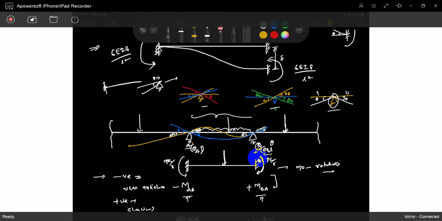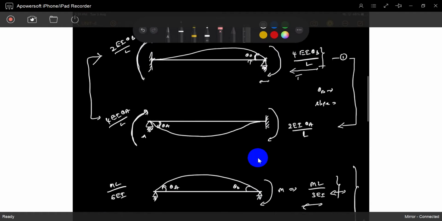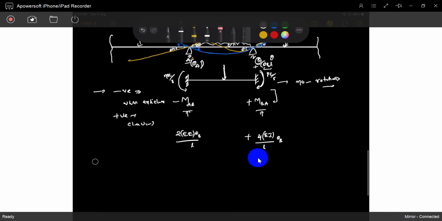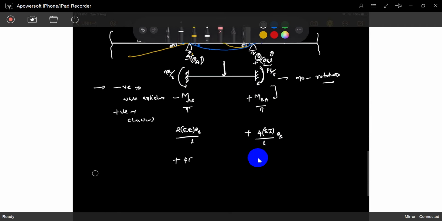That means the support at A experiences this much moment, and due to this slope joint B also experiences this much moment. Which direction? Clockwise direction. So I will write it down. This is 4EI theta A by L, and this is 2EI theta A by L.